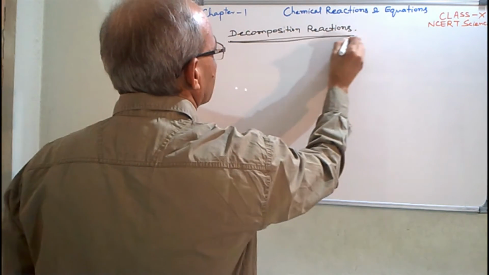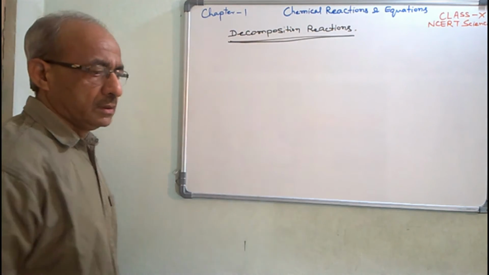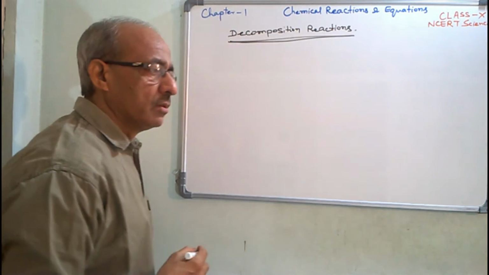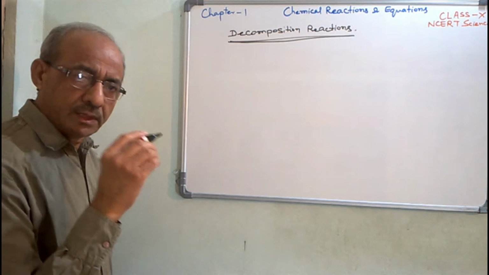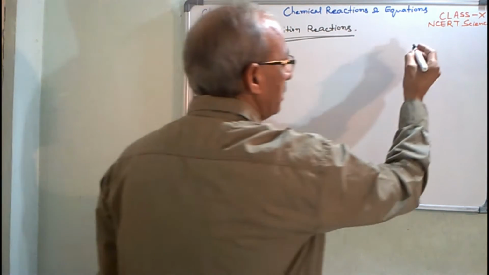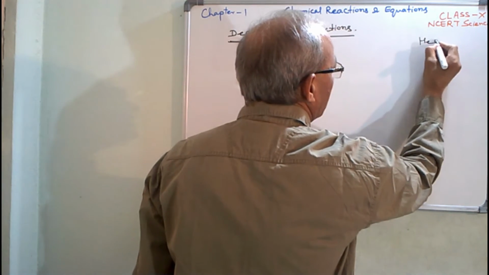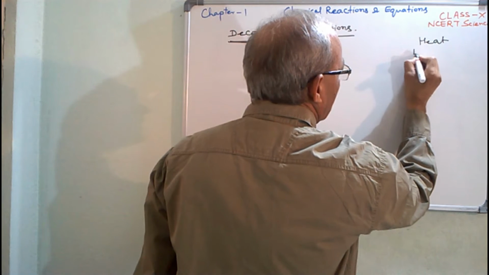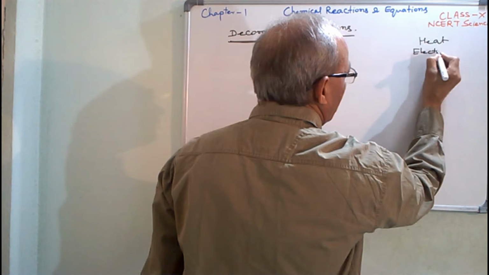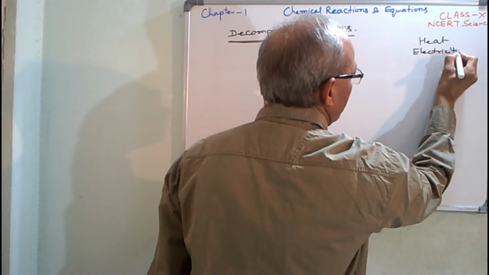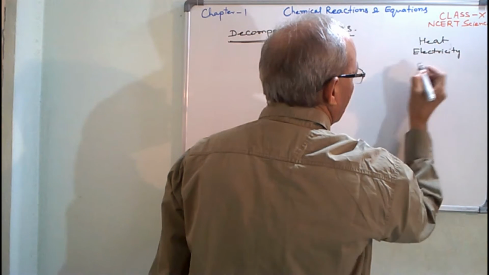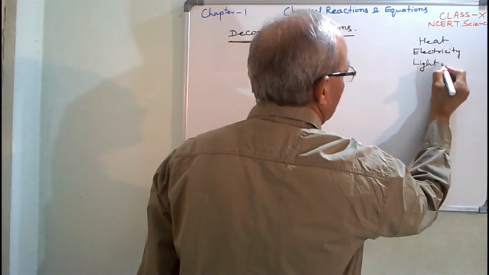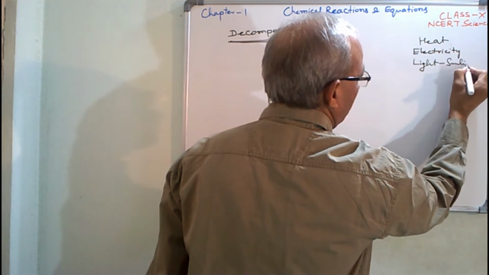The decomposition reactions generally take place when energy is provided, when energy is present. Energy may be of three types. First, heat, electricity, and light, like sunlight particularly.